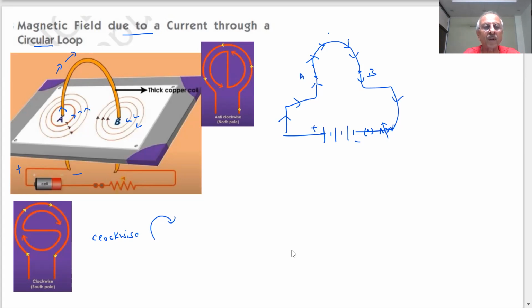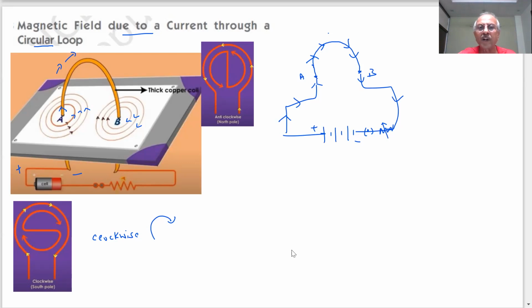Current is going up, current is going down, so the direction is anti-clockwise, and anti-clockwise behaves like the north pole. So there will be two poles whenever you have such a circular loop. One will be acting as the south pole, the other as the north pole.